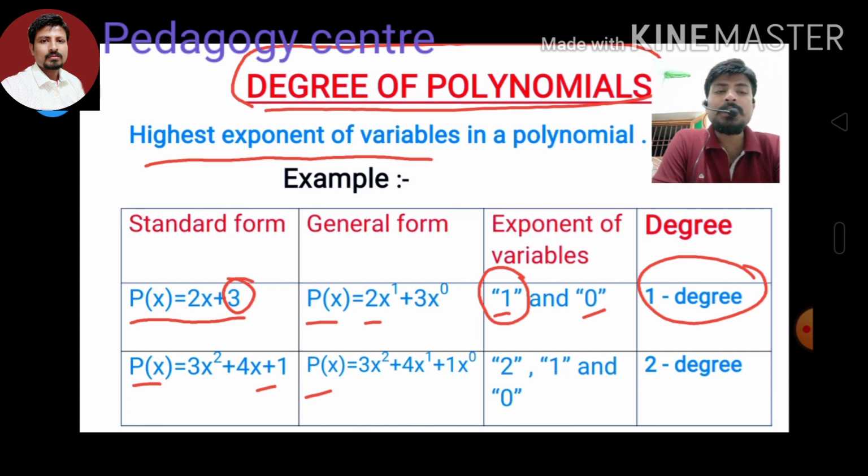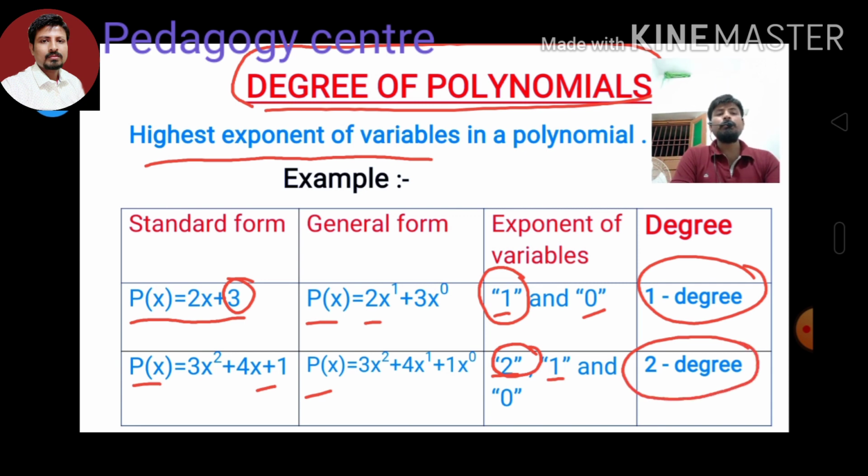So the exponents of the variable in this expression are 2, 1 and 0. So the highest exponent of the variable in this expression is 2. So it is a 2 degree polynomial. You can take any example of polynomials. You should see that the highest exponent in that polynomial will be the degree of the polynomial.